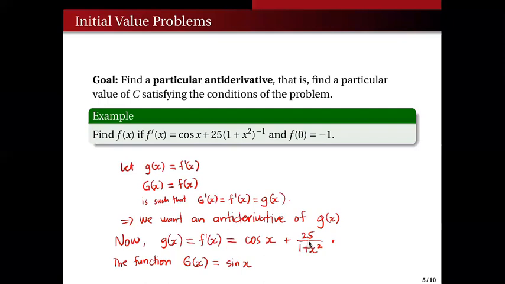And you need a function whose derivative is 25 over 1 plus x squared. So that's 25 tangent inverse of x plus c, where c is arbitrary. This function here is the general antiderivative of small g of x. Well, because if you get the derivative of this, you will get this cosine x plus 25 over 1 plus x squared.